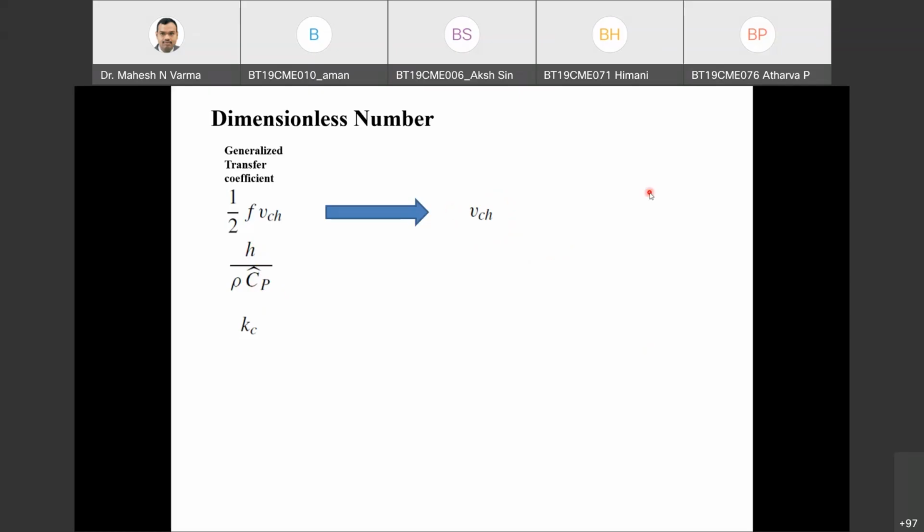Have you heard of this dimensionless number? Roll number 20. What is this dimensionless number? Roll number 25. Yes, sir.